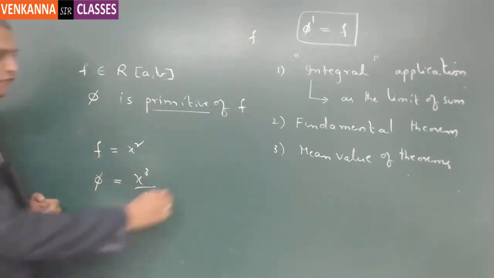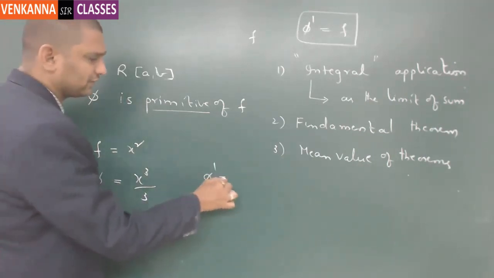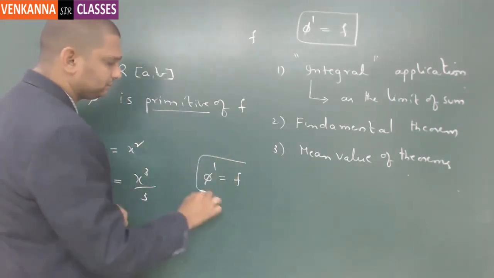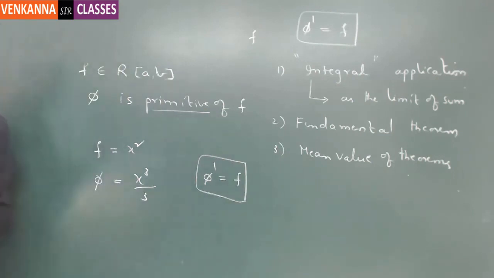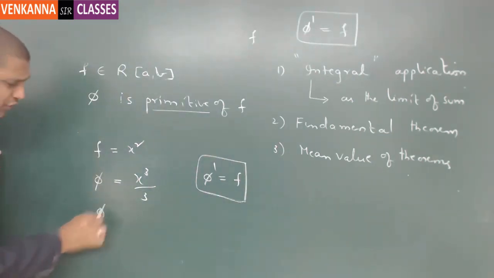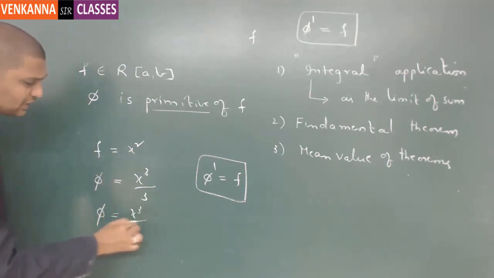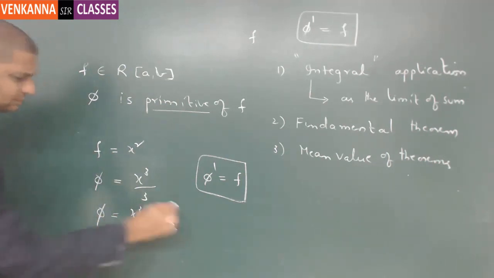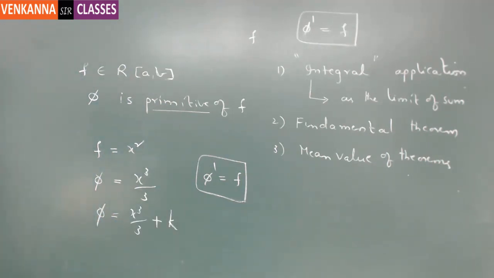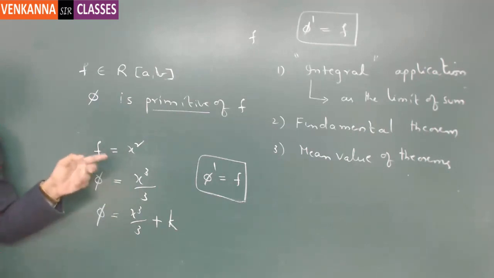Because phi dash equals f. And you can define phi also as x cubed by 3 plus k, where k is any constant. If you differentiate phi, you are going to get f.